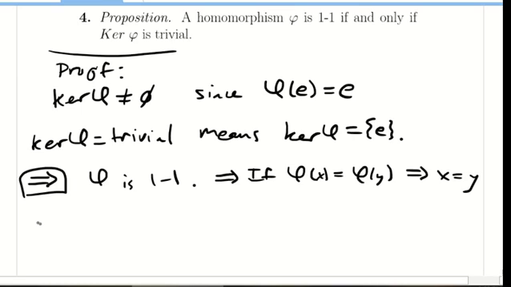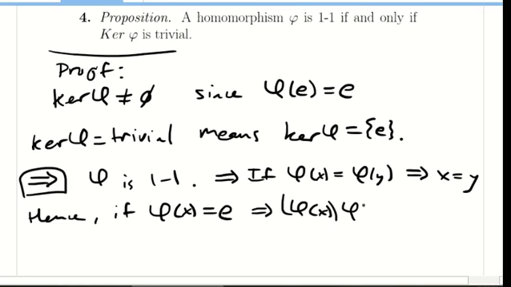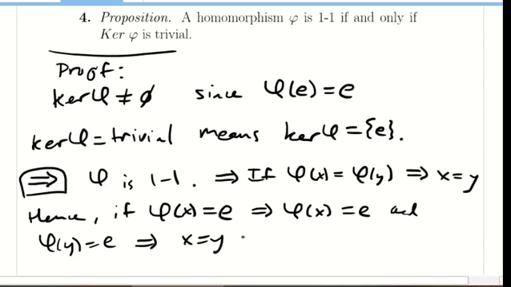Hence, if phi of x equals the identity, and phi of y equals the identity, that means that x equals y, right?